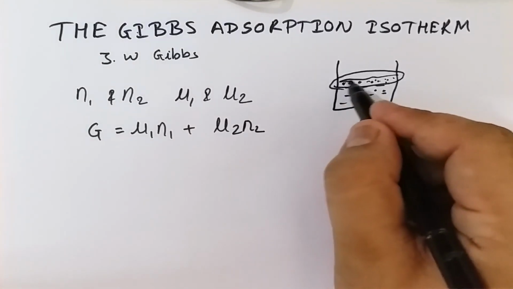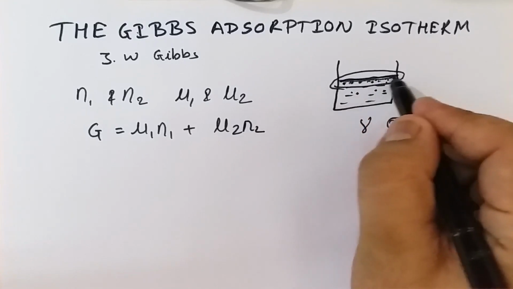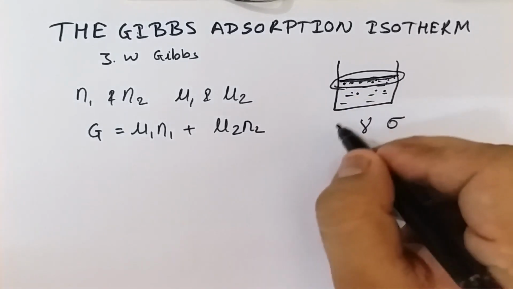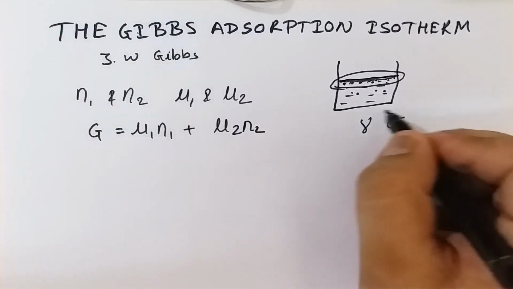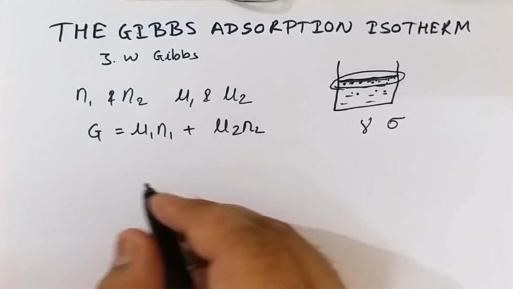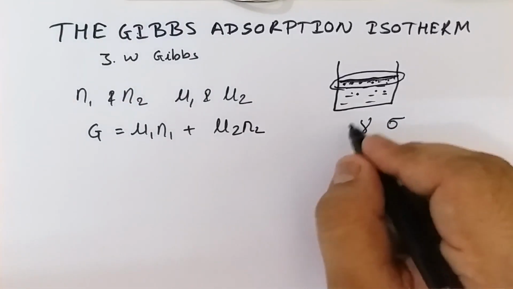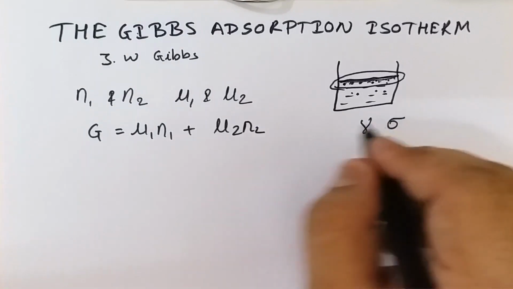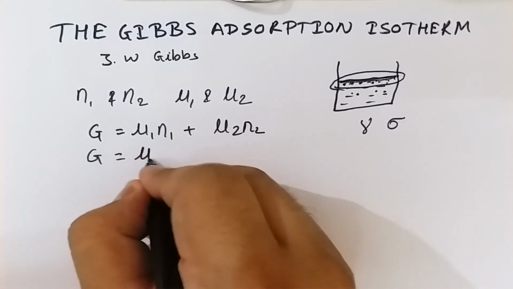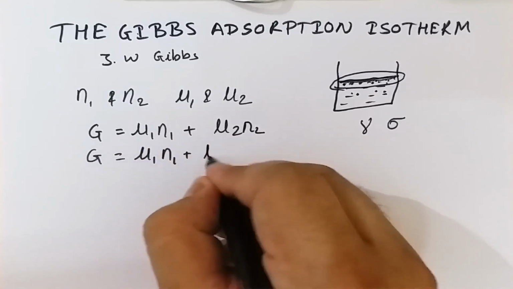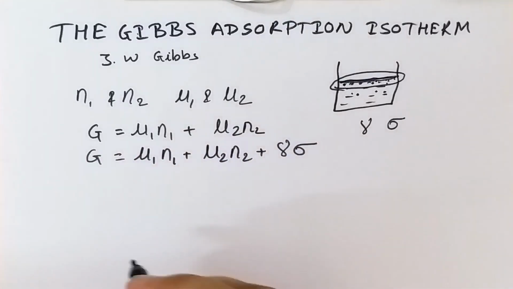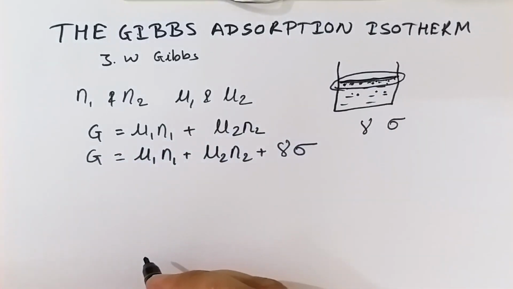Then the total change in the Gibbs free energy will include the surface energy times the surface area, and hence our free energy will become mu1 n1 plus mu2 n2 plus gamma sigma. So this is our free energy.